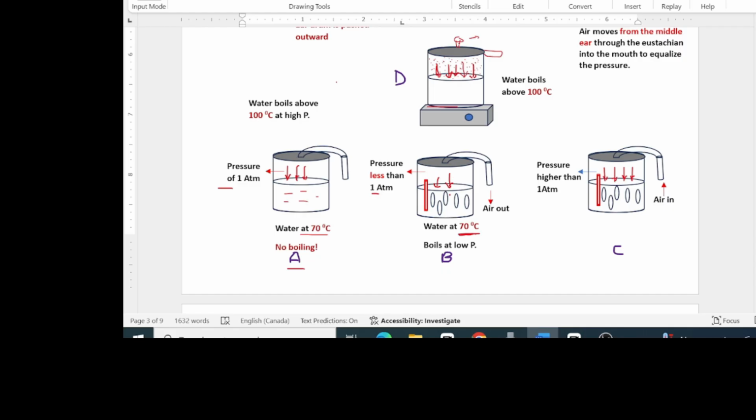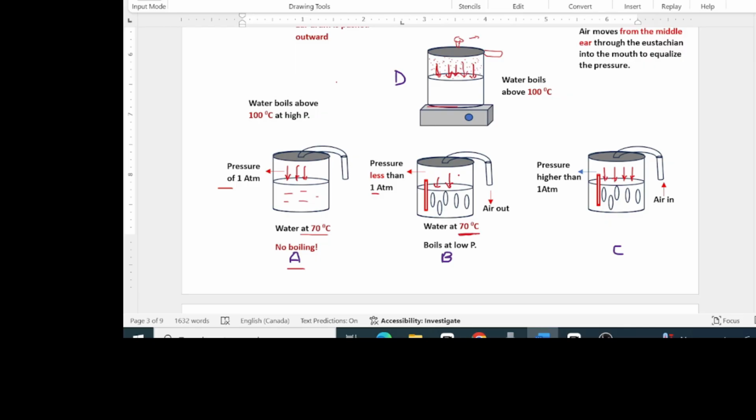Okay? So the point that is made here is that the water can be made to boil at a temperature less than 100 degrees Celsius if the pressure above it is less than 1 atmosphere.